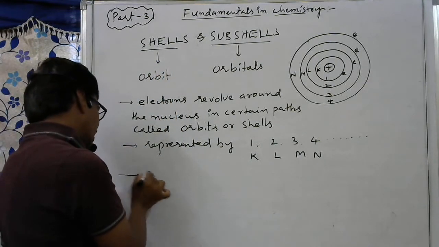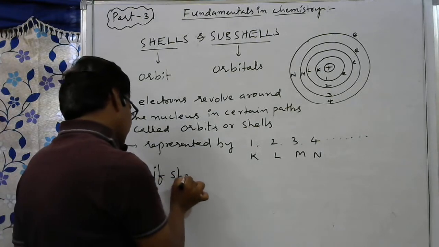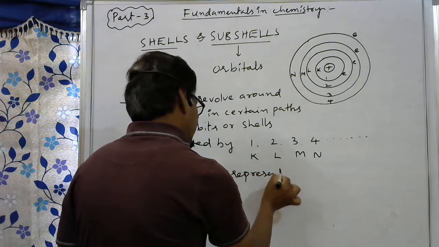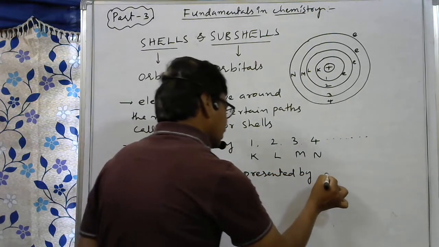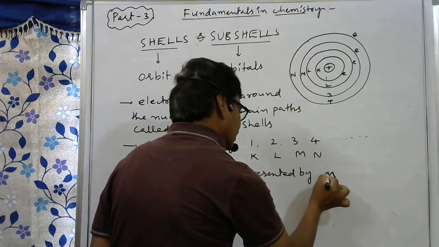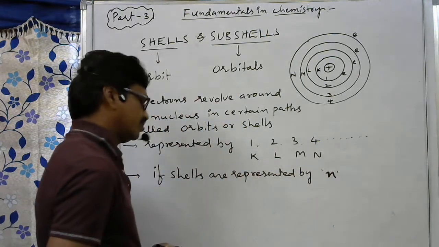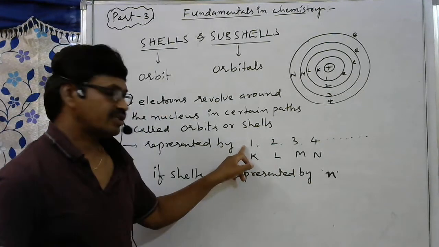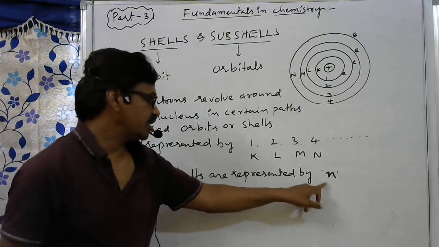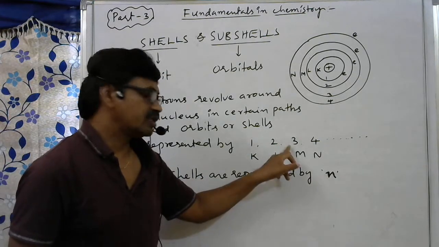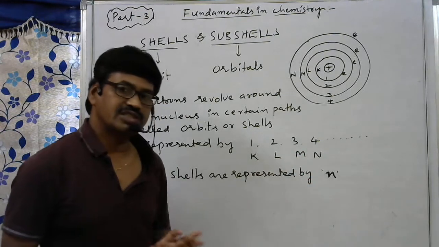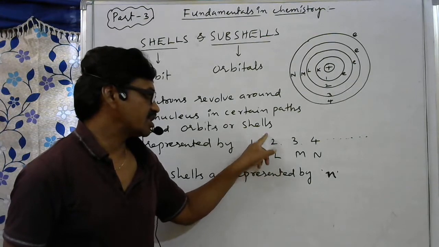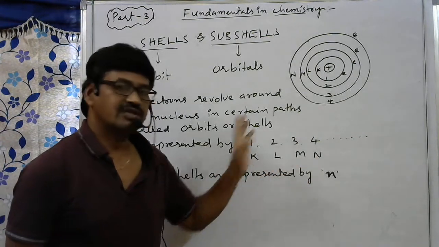If shells or orbits are represented by small n, then n equal to 1 means the first shell, n equal to 2 means the second shell, n equal to 3 means the third shell, and n equal to 4 means the fourth shell. Similarly, K means first shell, L means second shell, M means third shell, N means fourth shell.